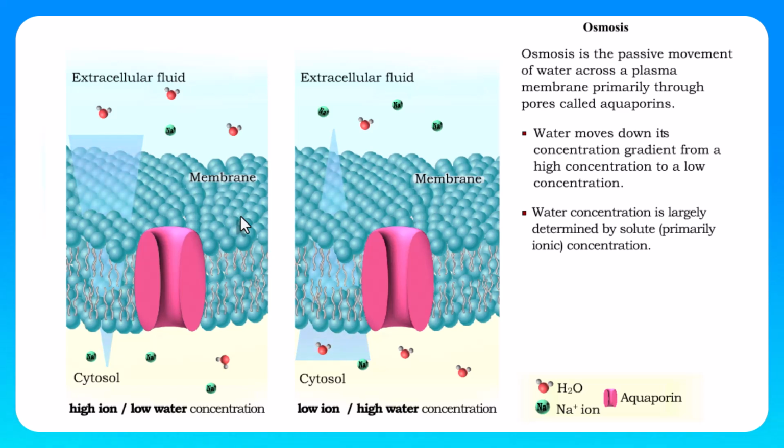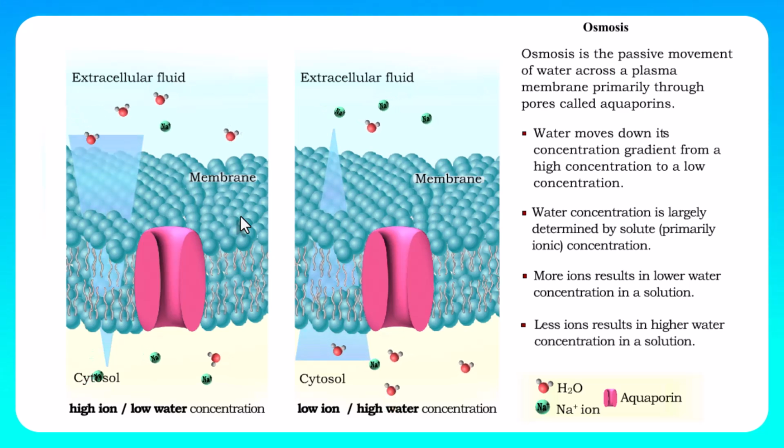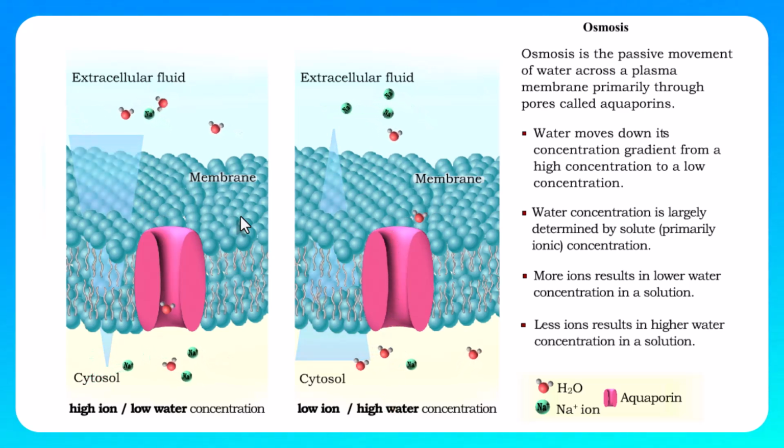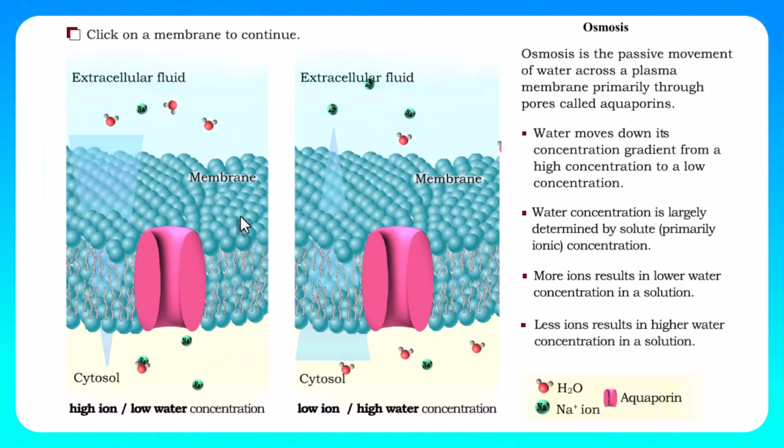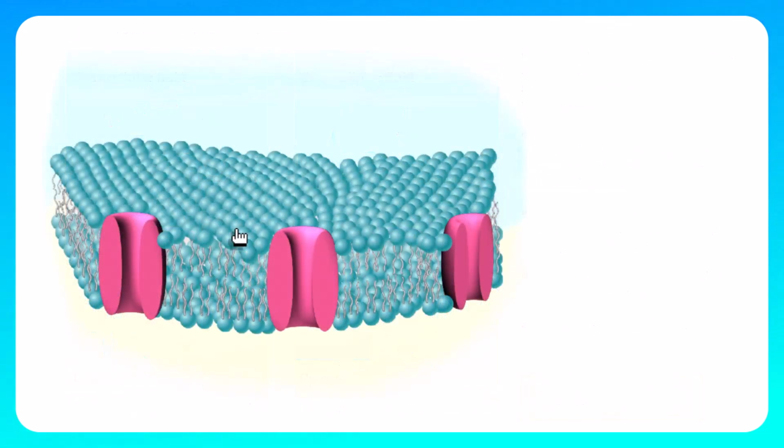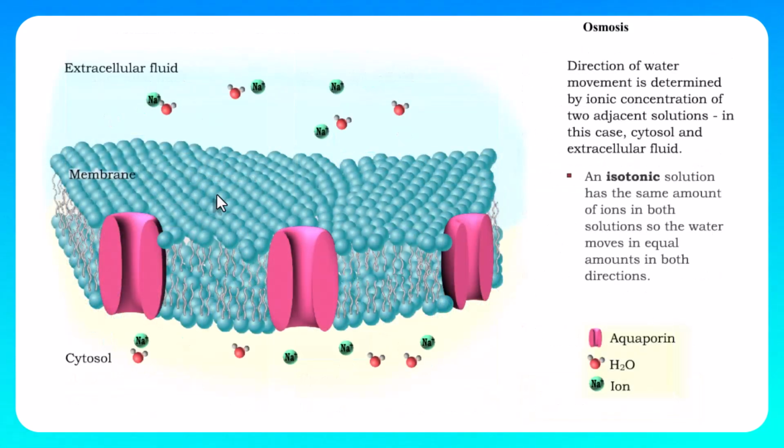During osmosis, water, like ions, will move down its own concentration gradient. The concentration gradient of water is to a large degree determined by the fluid's solute concentration.